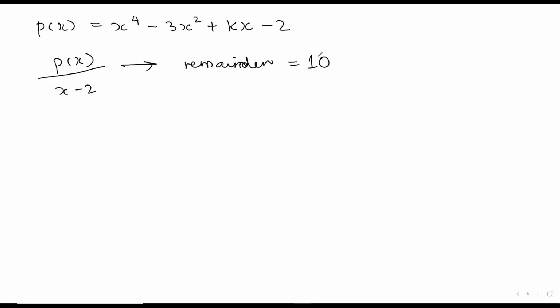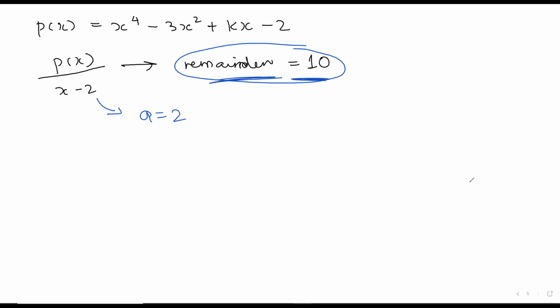Ma'am, value of A is 2. Very good. That's the first thing that we need to do. So we have identified A. A is 2 in this case. Okay, next. Does this tell you something? Let's go back. Remember, remainder over here is 10.